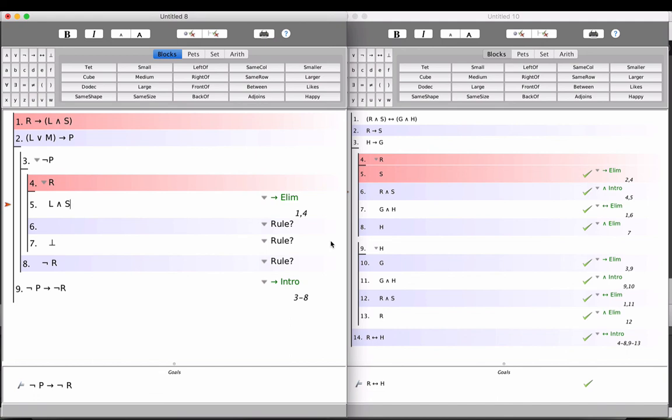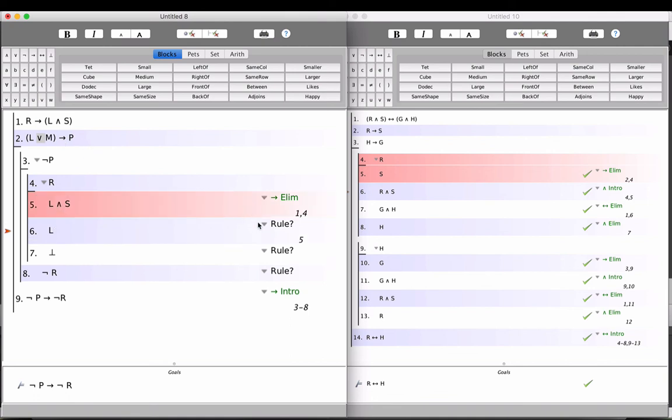Moreover, since we have L conjunction S, and we want to achieve a disjunction so that we can dismantle the conditional at line 2, we can see our way forward to that.